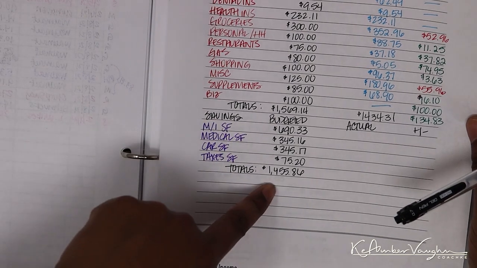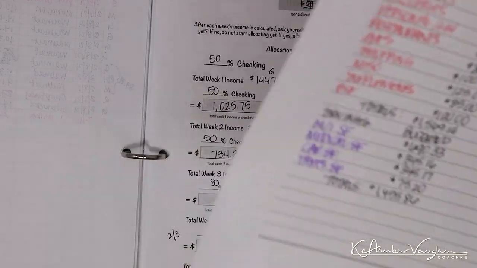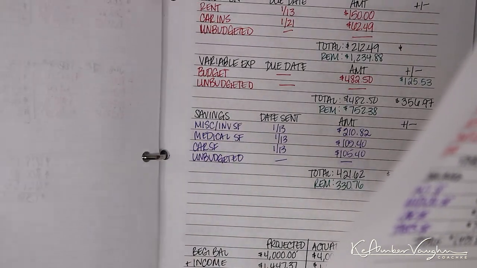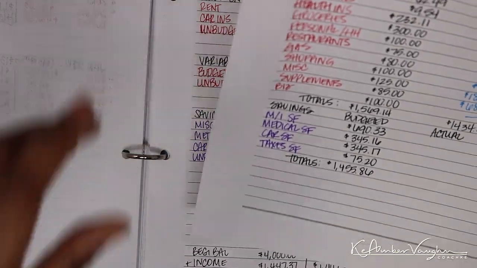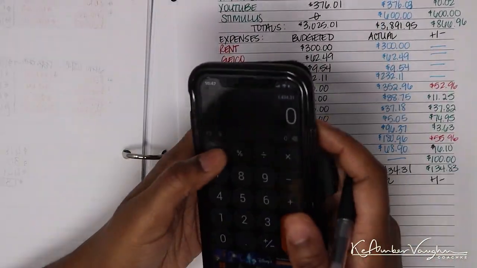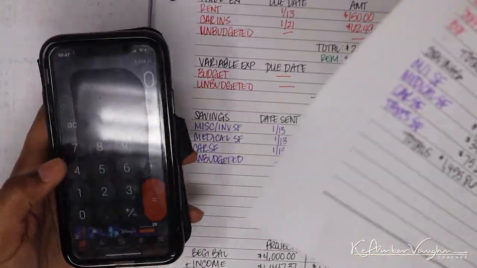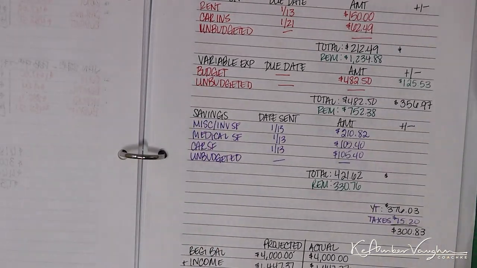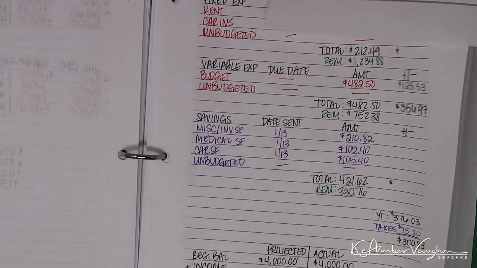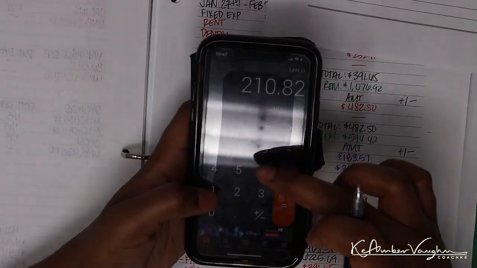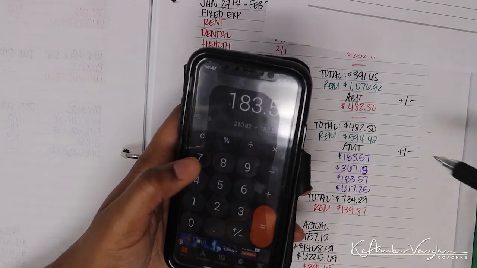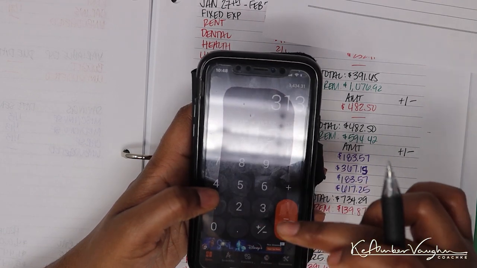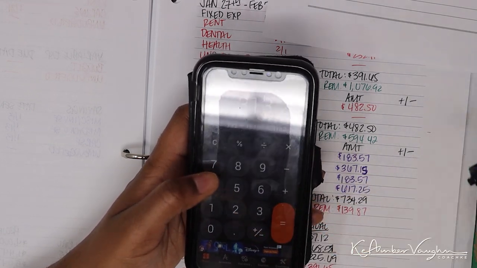What I had budgeted for savings was $1,455.86, and I know I spent way more than that even outside of the stimulus check. So let's start off with the miscellaneous / investment sinking fund. What I sent was $210.82 out of my first check. My second check, I sent $183.57, and then when I reconciled my account down, I sent another $313.27.